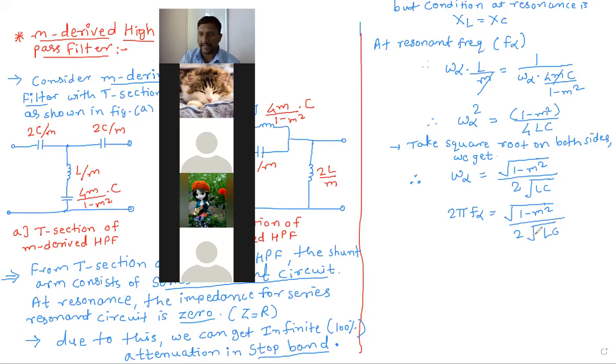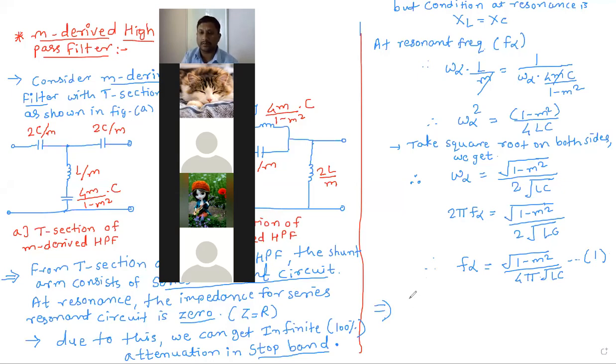Now this 2 pi you can take to the right hand side. You will get f alpha. So f alpha is equal to the square root of 1 minus m square divided by 4 pi into the square root of LC. So this is my first equation. Now next, what is the cutoff frequency formula for the high pass filter?